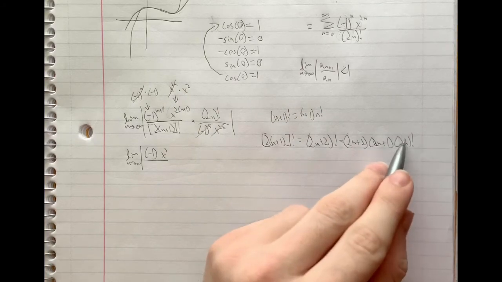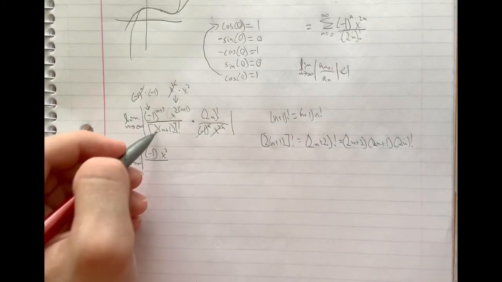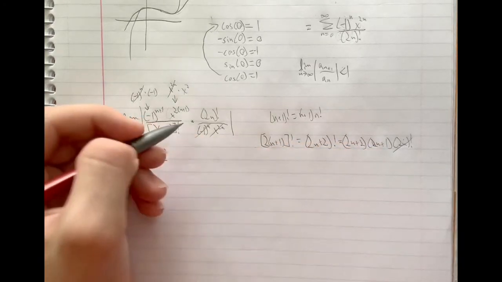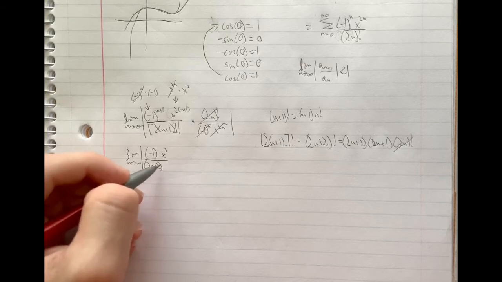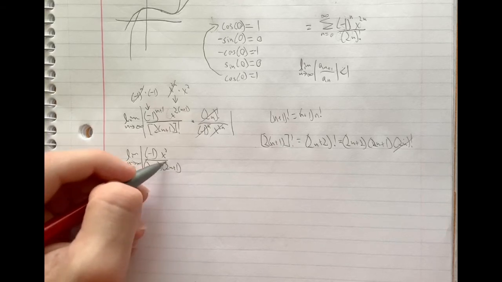If we substitute this whole expression in, the (2n) factorial will cancel with that. So we divide by (2n+2) times (2n+1).